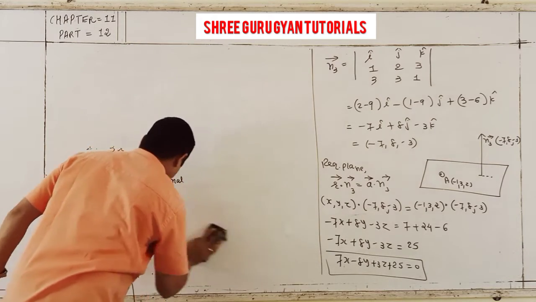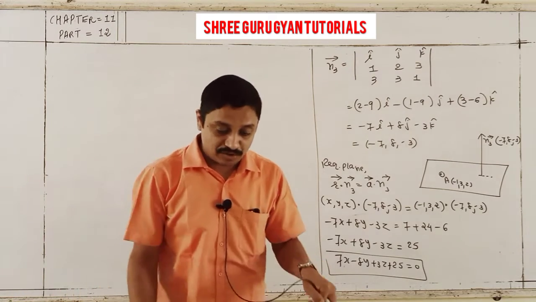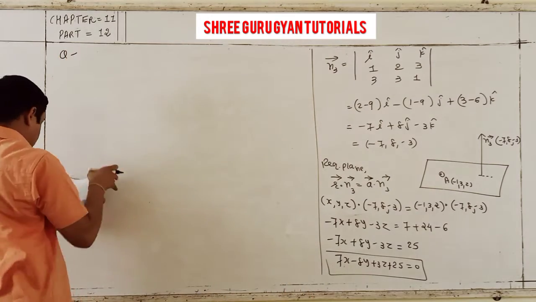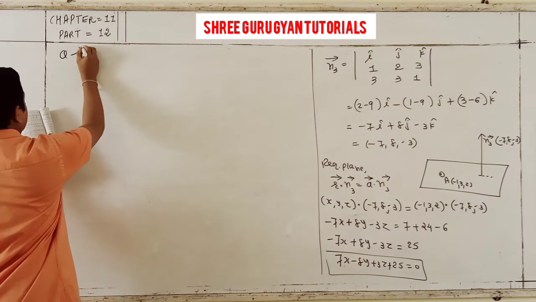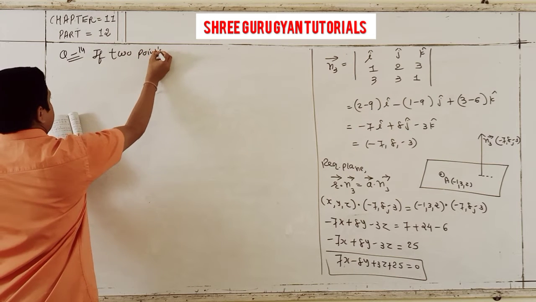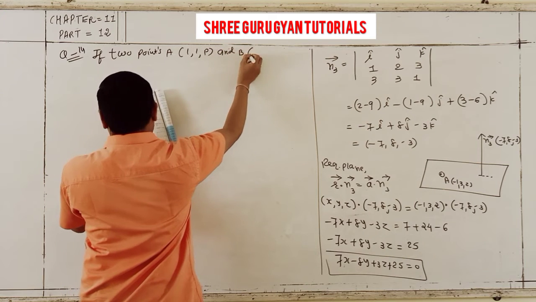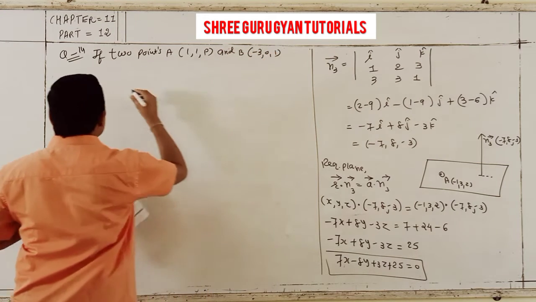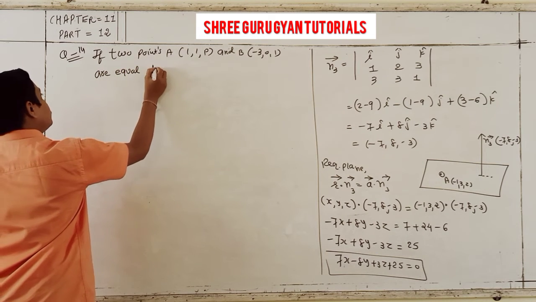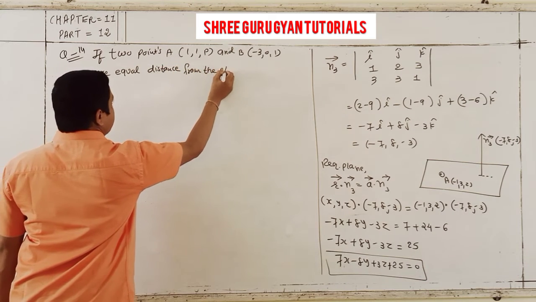Now next, question number 14. 14 is also very easy. Two points are given equidistant from the given plane, then find the value of the missing p. After 13 we go to 14. If two points, one A (1, 1, p) and another point (-3, 0, 1), are at equal distance from the plane.